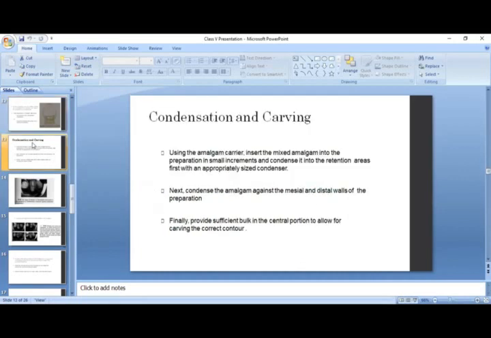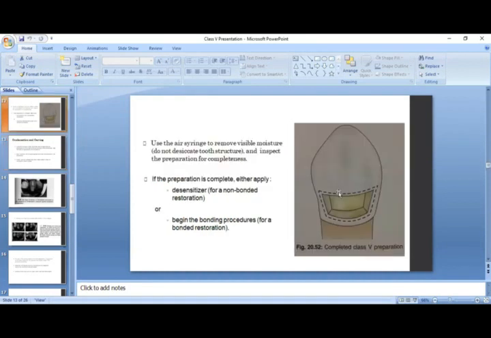So what is basically condensation in the carving? Using the amalgam carrier, insert the amalgam into the preparation in small increments and condense it into the retention areas first with an appropriately sized condenser. Okay, now imagine that we are going to fill that area with the restoration.